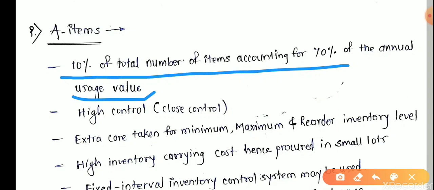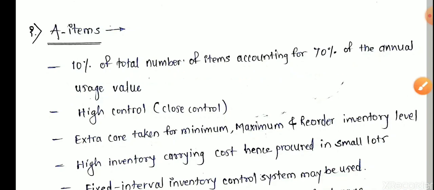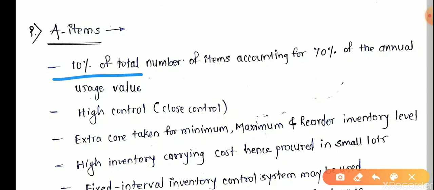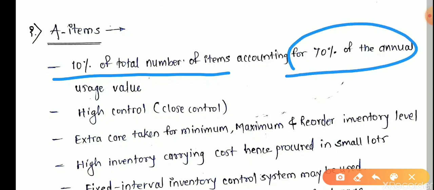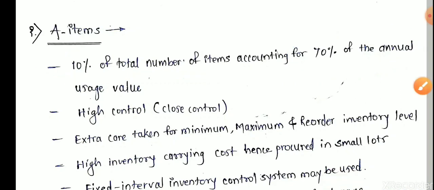That is, you are using your inventory. Now the first line says that 10% of total number of items, means if you have 100 items, then 10% is 10 items. These 10 items give 70% of annual usage value. Means from the 1000 rupees, we are going to invest 700 rupees only on 10 items. Are you getting this?